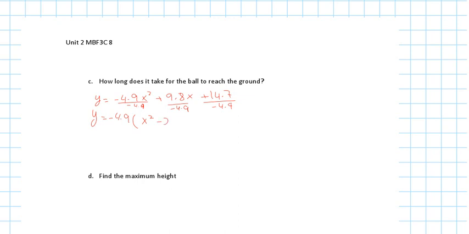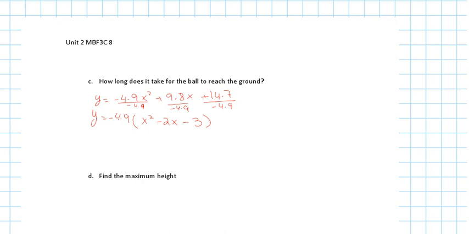What's 14.7 divided by negative 4.9? Negative 3. You see how now it looks clean? There are no decimals. It's all integers when I factor out that negative 4.9.